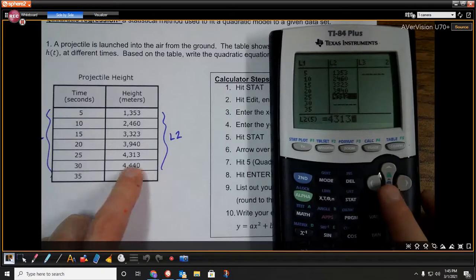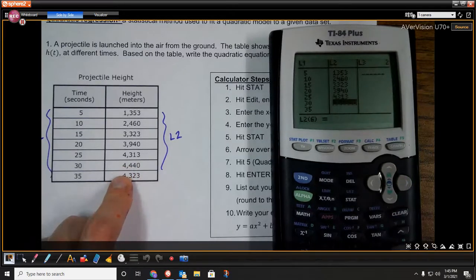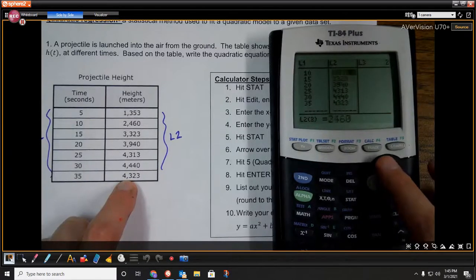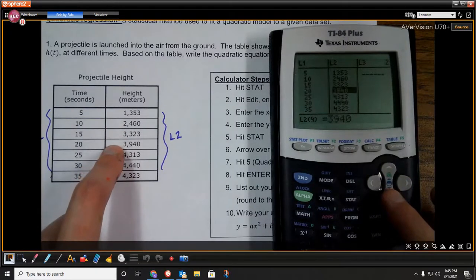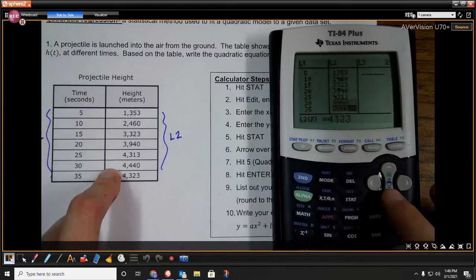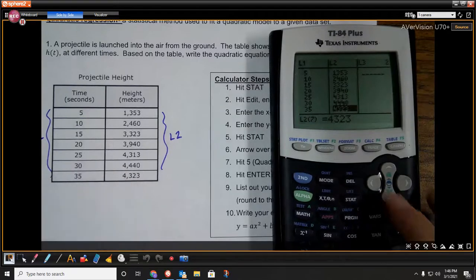You want to make sure you get them exactly right. 4440, 4323. So I'm going to go back and double check these y values. 1353, 2460, 3323, 3940, 4313, 4440, 4323. So I have all of my y values and all of my x values.